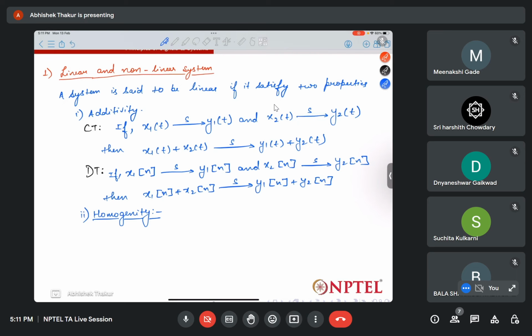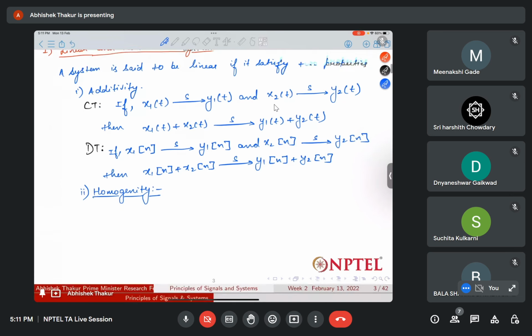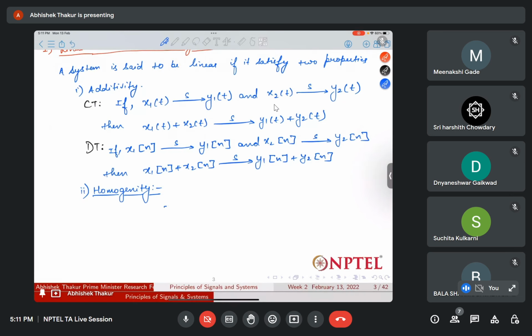In homogeneity, it states that if an input is scaled by some scalar factor c, then the output is also scaled by the same factor. When we give x1(t) as an input to a system, we get output y1(t).